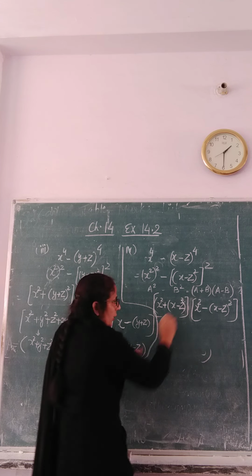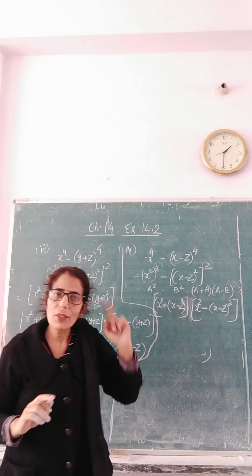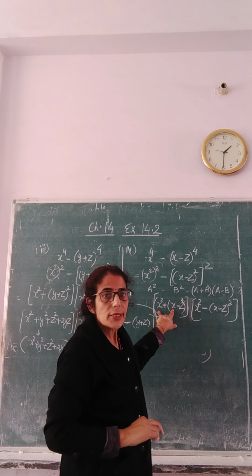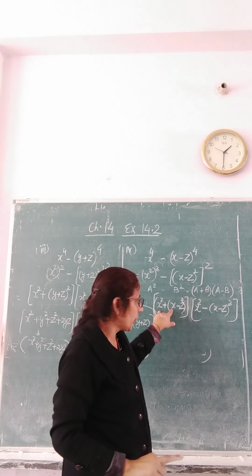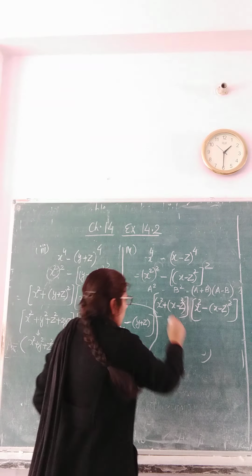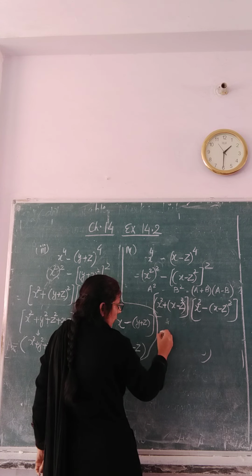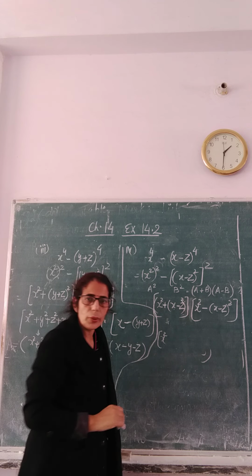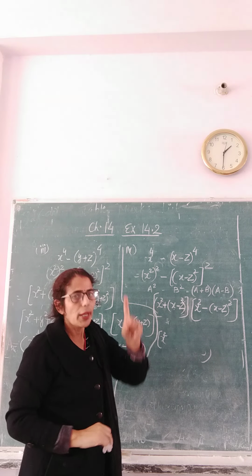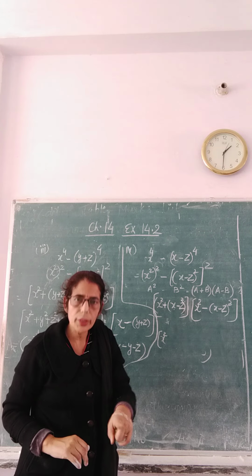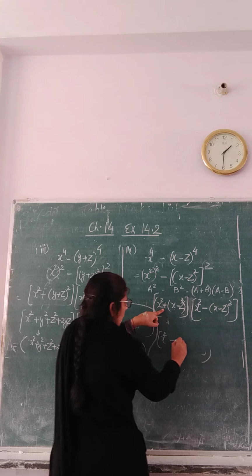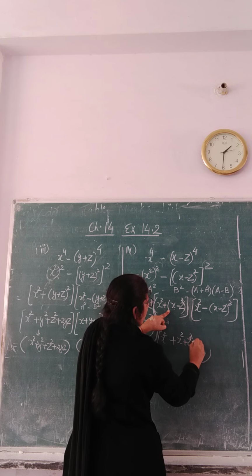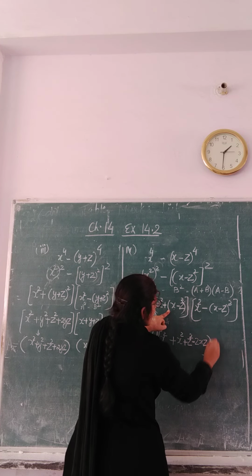So this is to be opened. This question I have done only to tell you that in this and in this there is the same variable, so opening of the bracket is a must here. When you open this bracket, it will have x square. Now (x minus z) whole square is x square plus z square minus 2xz.